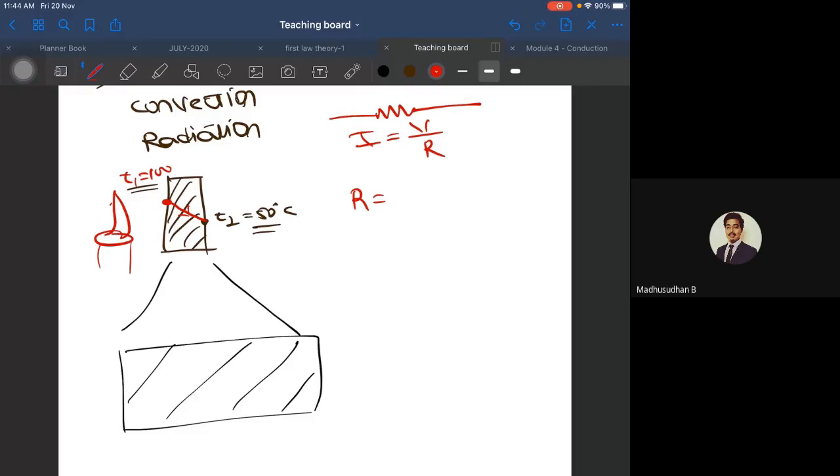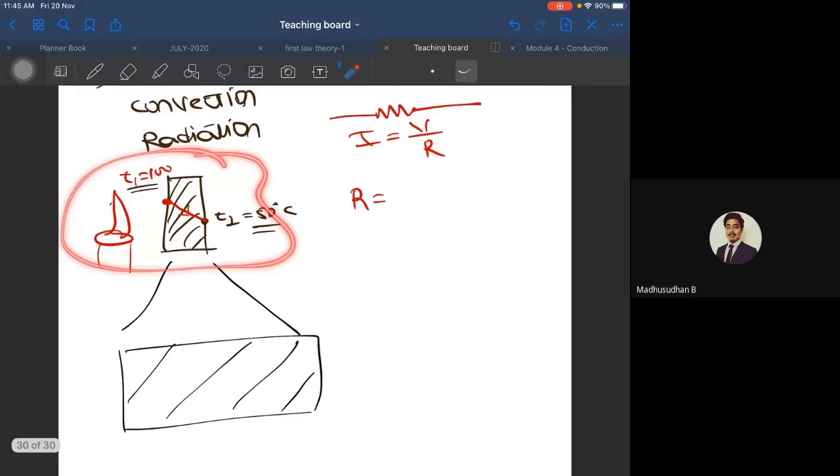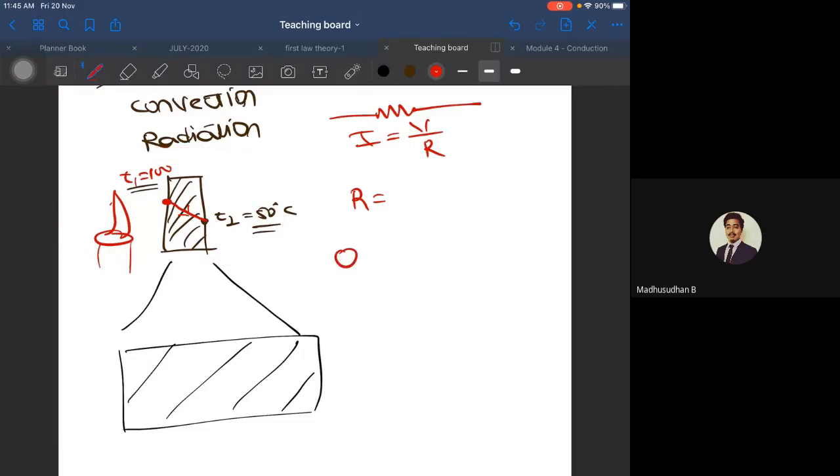The same analogy is made for heat transfer. Q is the amount of heat passed against the temperature difference T1 minus T2, which you can call delta T. The resistance to the flow of heat is taken as R conduction. So this particular resistance is for conduction. Similarly, you have resistance for convection as well as for radiation.